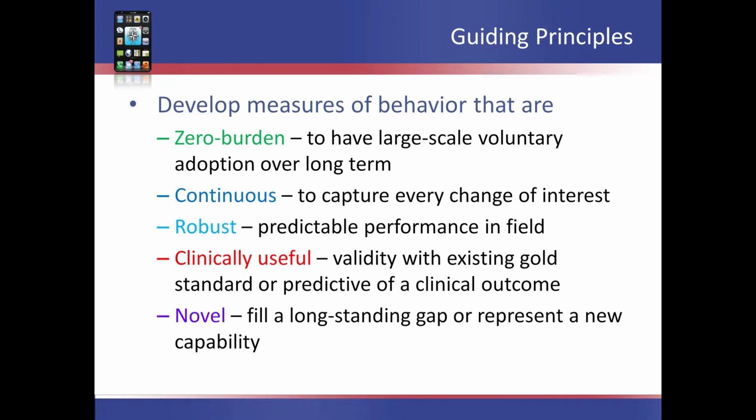And then if we are developing a new measure, it should be such that a measure of this nature has not existed before, so it must be novel or fill a long-standing gap that we have had for some time, or it should represent a new capability, something that we had not been able to do that we should be able to do now. So those are the characteristics of the assessment or measurement that we seek using mobile sensors.